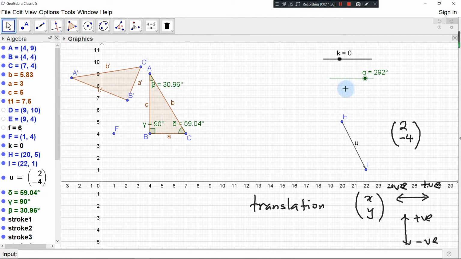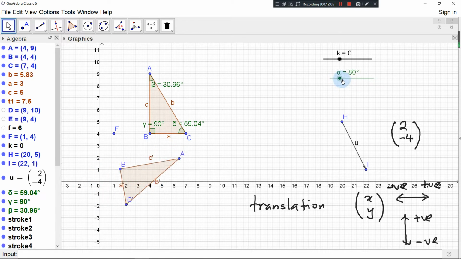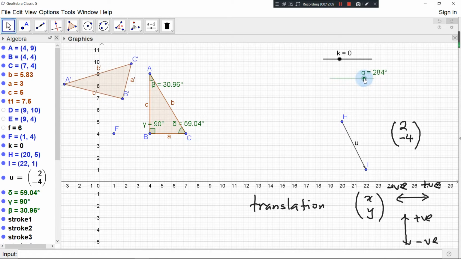You notice that the shape and the size of the image will always remain unchanged. They are all congruent. So now I'm rotating this clockwise. If I go this way, it becomes anti-clockwise. Move this way, clockwise. Okay, so this is rotation.